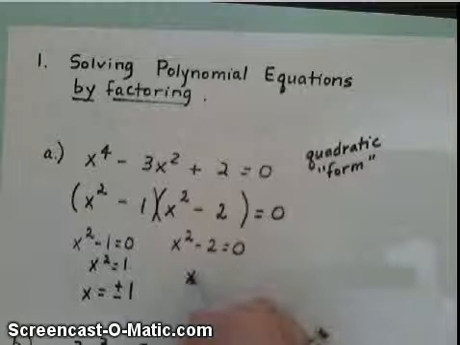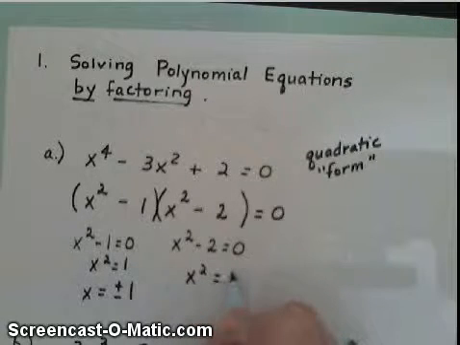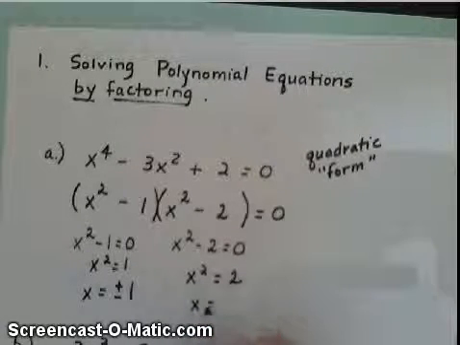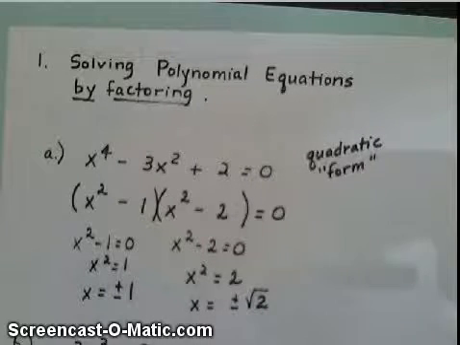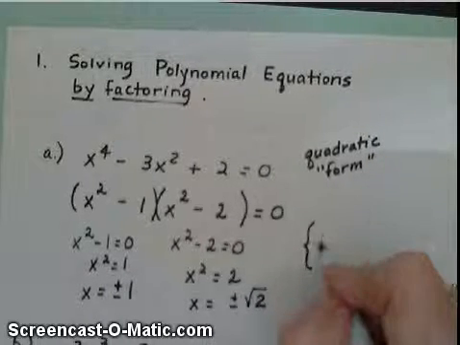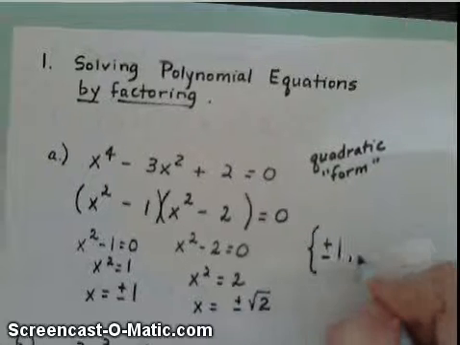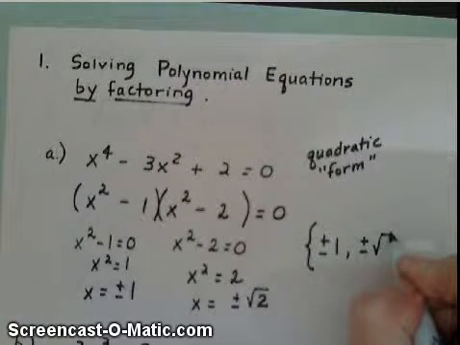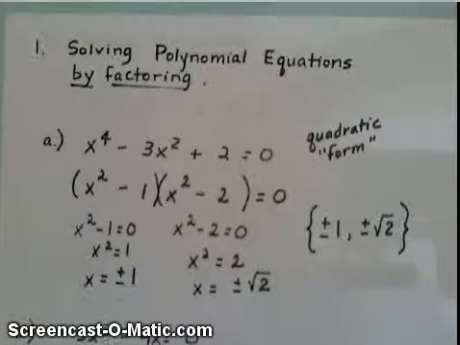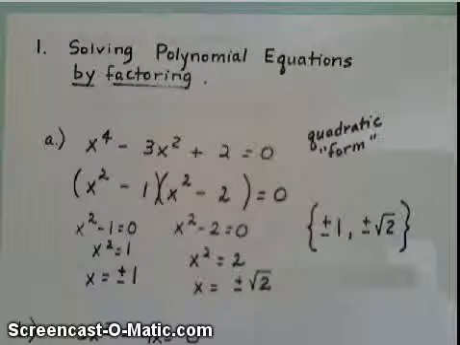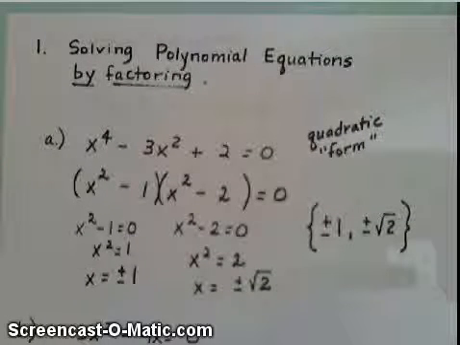And here, x squared is equal to 2. x is equal to plus or minus the square root of 2. So there are 4 answers: plus 1, minus 1, plus and minus radical 2. These are the 4 solutions for this equation, which is a polynomial equation in quadratic form.